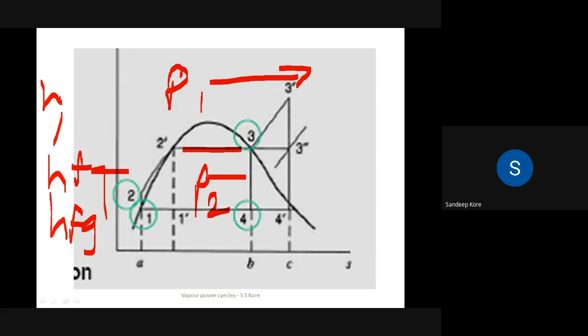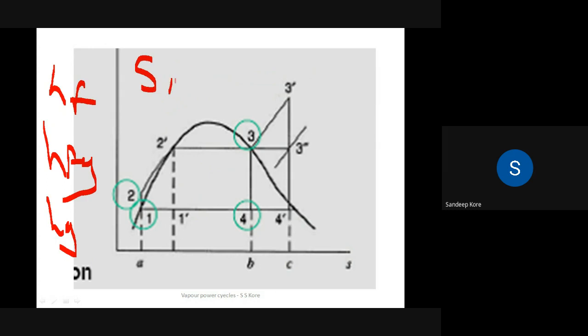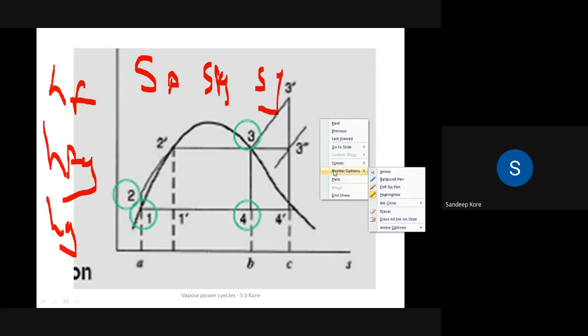Summation of these two is called Hg, enthalpy of the gas. Then at condenser pressure also we have to note down Hf, Hfg and Hg. Also we have to note down entropy like Sf, Sfg and Sg. All these properties we have to note down.